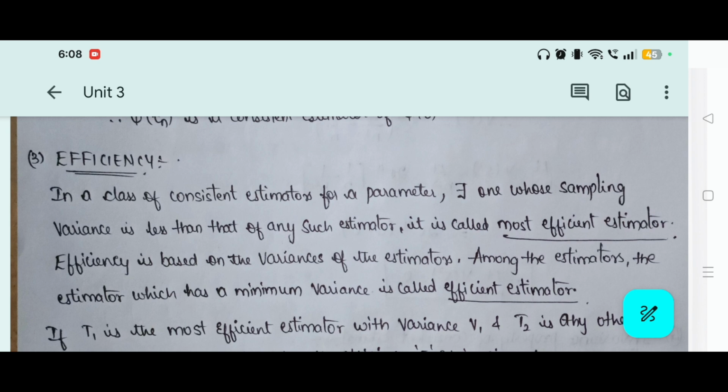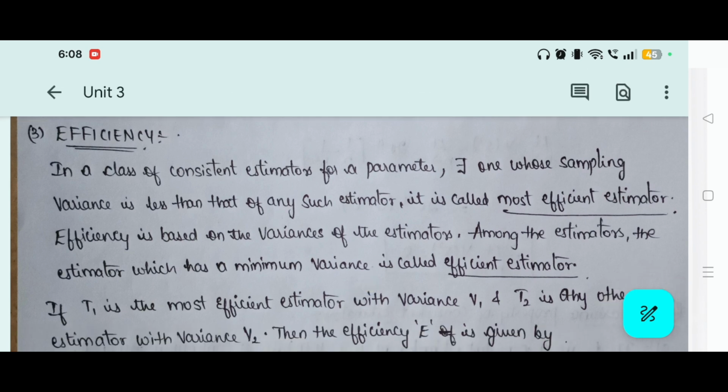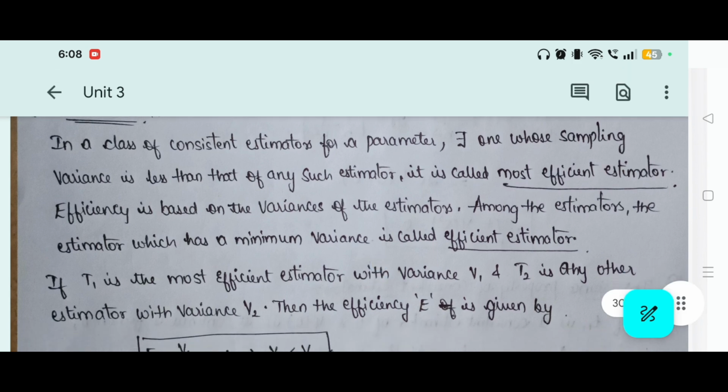Efficiency property: in our theory of estimation, in a class of consistent estimators for a parameter, there exists one whose sampling variance is less than that of any such estimator.